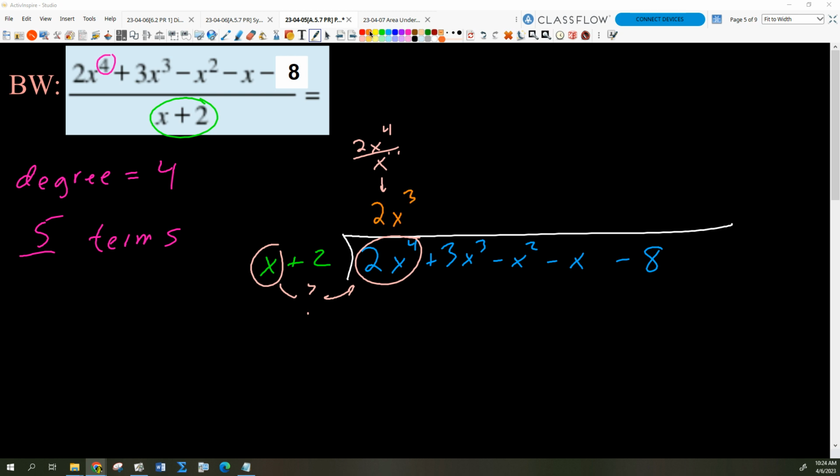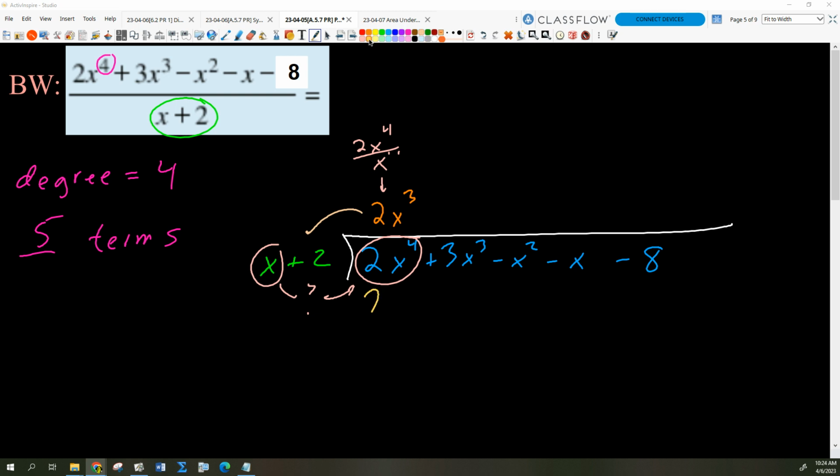Good. So 2x cubed. What do I do if I have a number outside? Multiply. Okay, so I'm going to multiply by all that stuff. And if I multiply by all that stuff, what am I going to get? I already messed up my colors. I got to pick a new color here. We're going to go with that color, I guess.